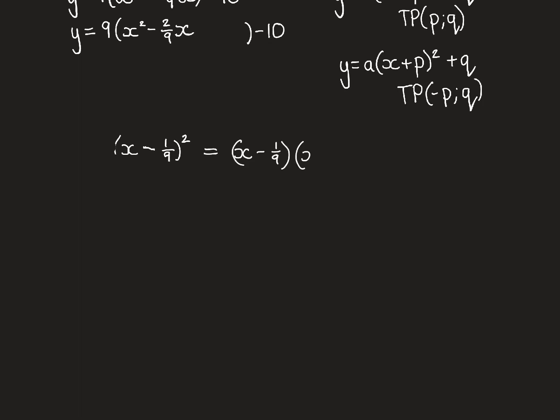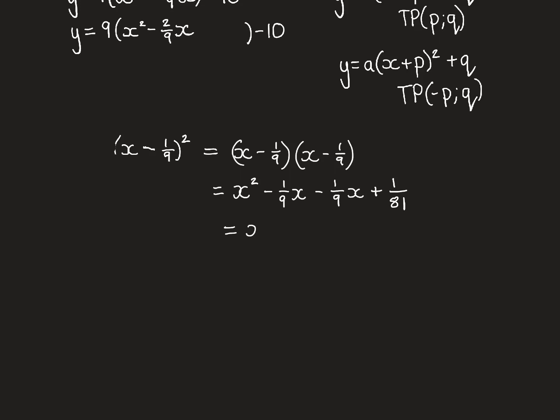I hope you are able to just square a binomial without doing this, but let's just prove it. I've got x squared minus 1 over 9x. So I'm doing FOIL, minus 1 over 9x, and then it's going to be plus 1 over 81.